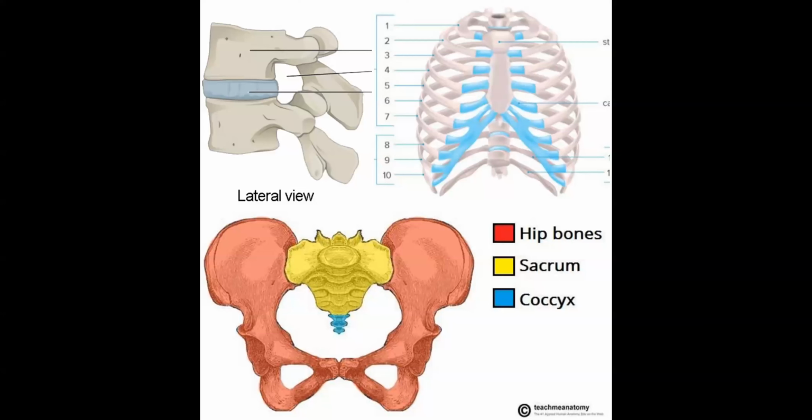Next is cartilaginous joints. I told you cartilage is present between the bones. Example number one. Can you name this joint?